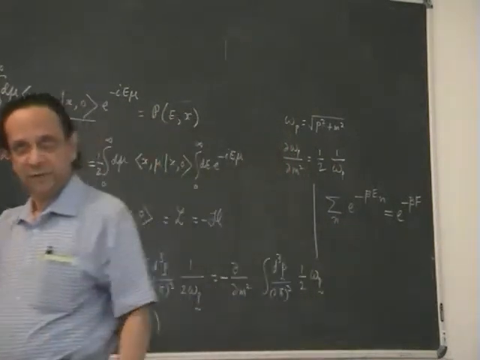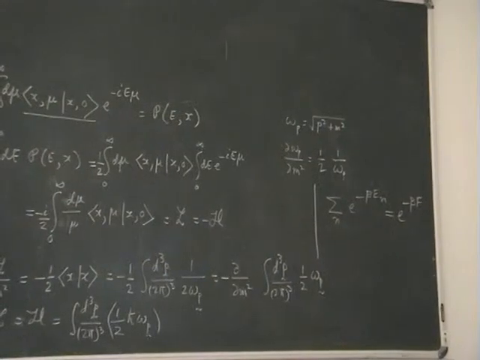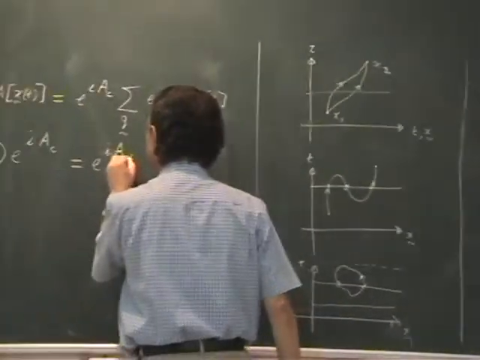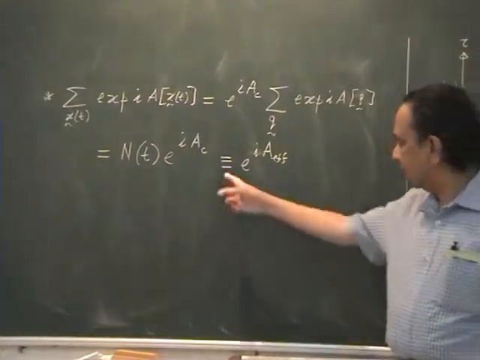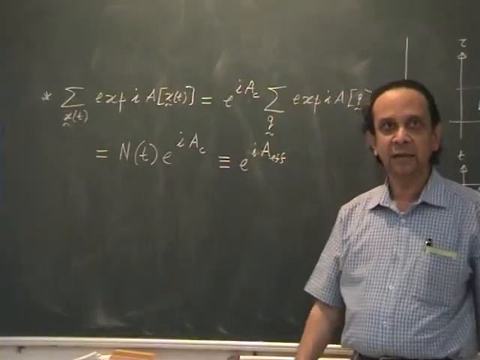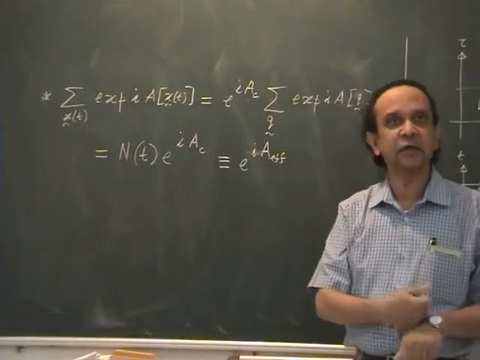Something similar happens here. You could have written it as N of t times this, but you can also write this as e to the i times an effective action. Okay? It already has an i times the classical action. What remains here, this N of t, you are writing as some correction.